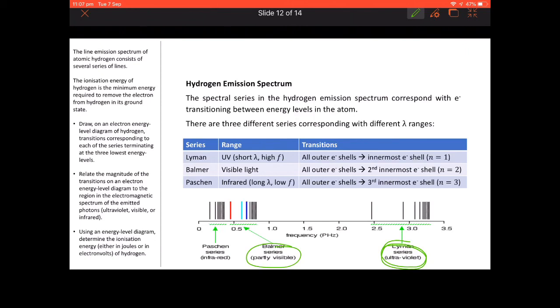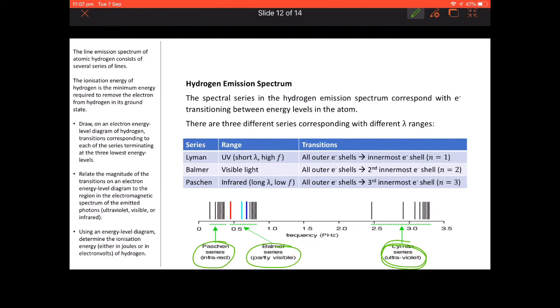And finally, the Paschen series corresponds with infrared photons, or infrared frequencies. So the wavelengths will be long and the frequencies will be low. So the energy is lower than Balmer and obviously lower than Lyman. And this series corresponds with anything transitioning to the third innermost shell.